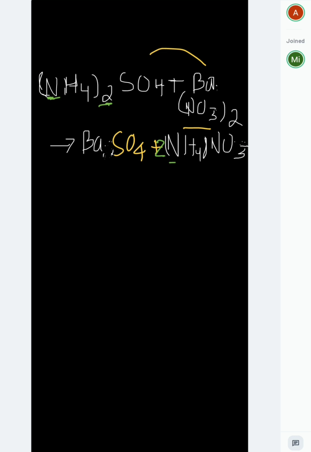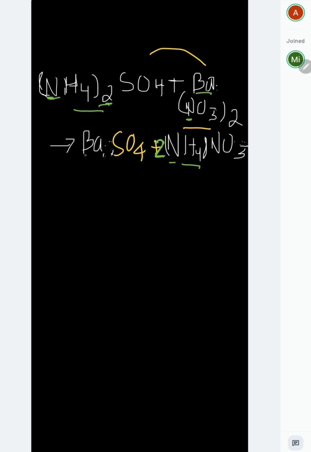NH4 2, and you have another nitrogen here, that's 2, so it's 4, so you put 2 here, so it will be 4. And then next is hydrogen. Hydrogen is 8, right? 4 atoms times 2 is 8, so let's check here if hydrogen is 8, so it's already 8, so it's balanced.